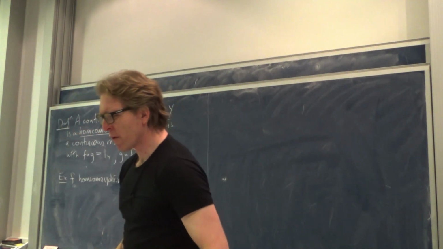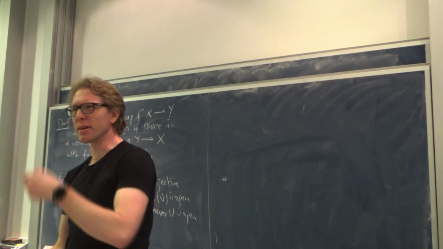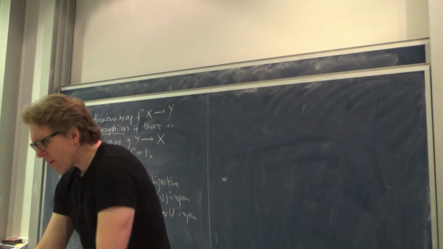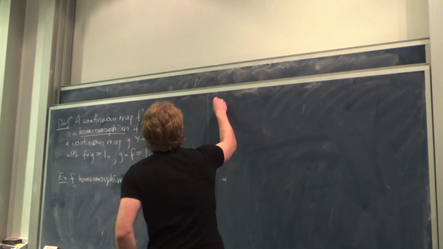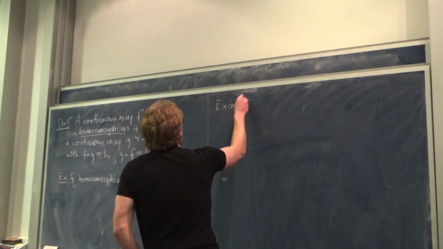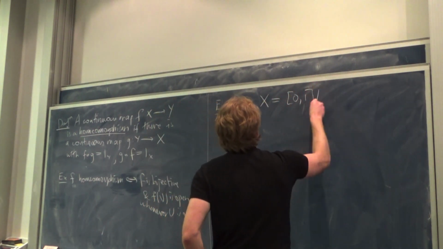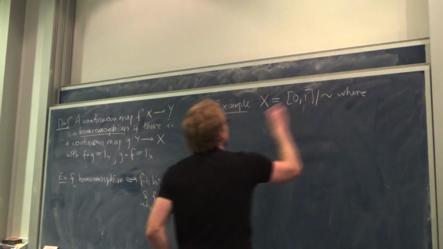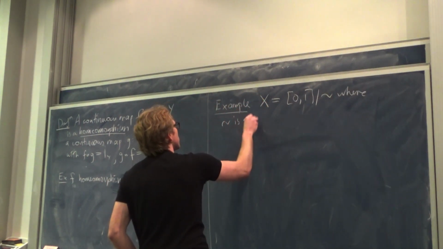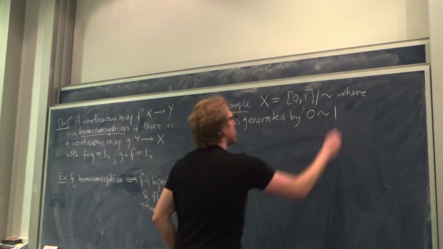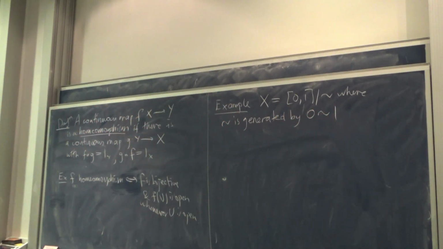If two spaces are homeomorphic, it's silly to distinguish them. They're really the same space. Okay, so example. Let's just take the interval with the usual subspace topology of R, if you like, or the metric topology.